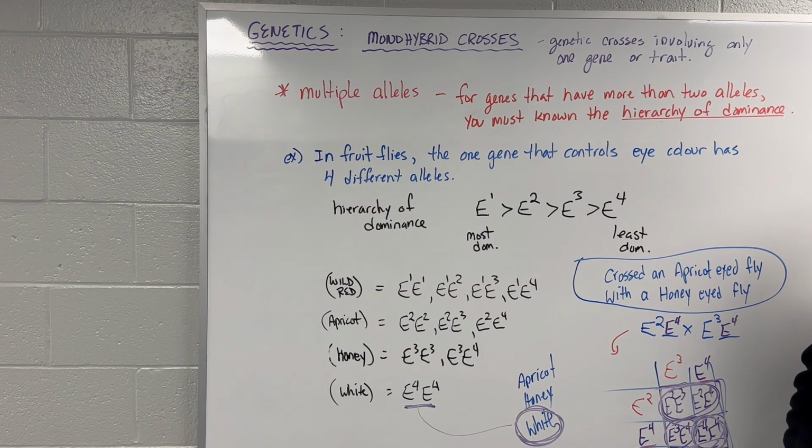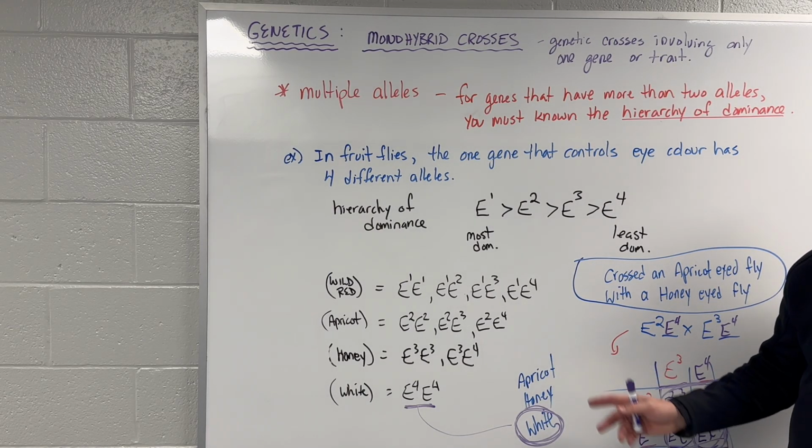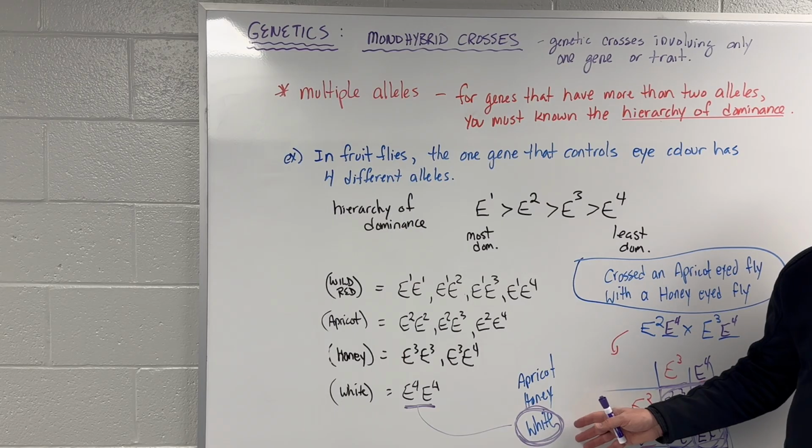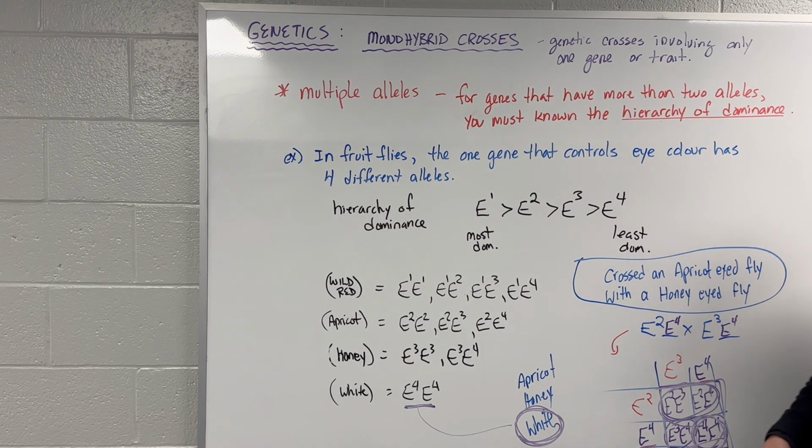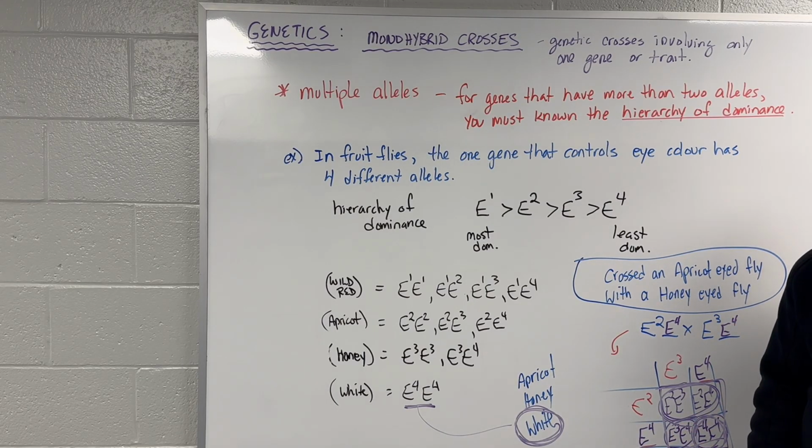All right. Sometimes the question will give you they had 4 babies, 2 apricot, 1 honey, 1 white. A lot of times they give you that just to give you a clue as to what the parents are. Okay, but it's kind of tricky. Could I get 10 white-eyed babies in a row? Absolutely.